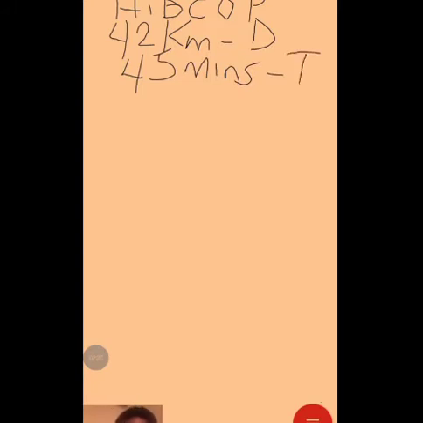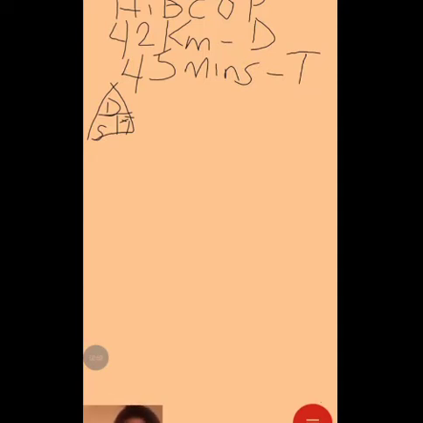So the next thing I'm going to do is to draw my triangle, just at the corner here. Here we have the D for distance, here we have the S for speed, and here we have the T for time. Very good. Now, what's the next thing we're going to do?